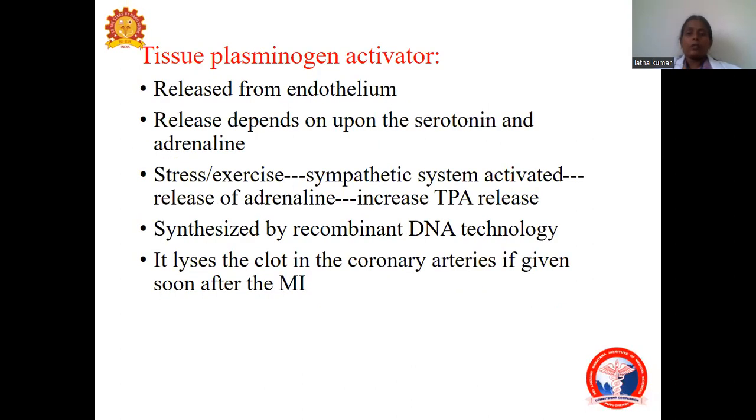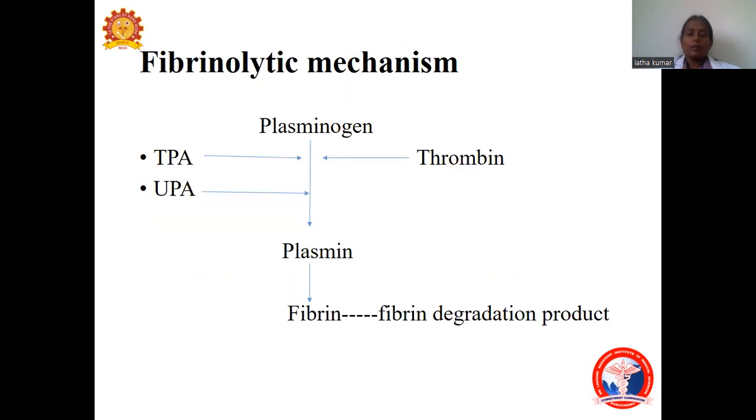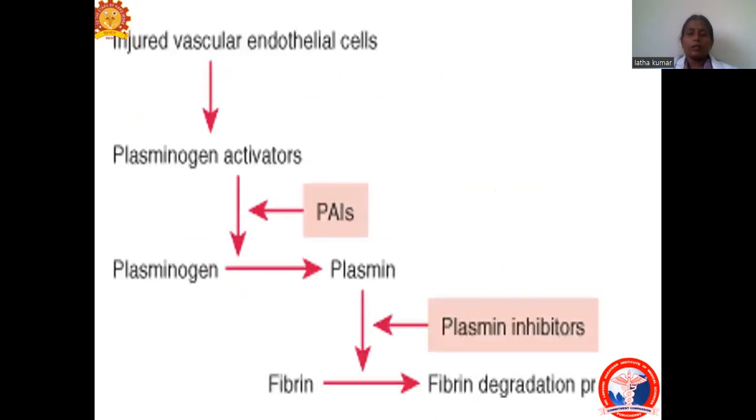Tissue plasminogen activator activates the plasminogen and converts that into plasmin. This plasmin acts on the fibrin and converts that into fibrin degradation product.